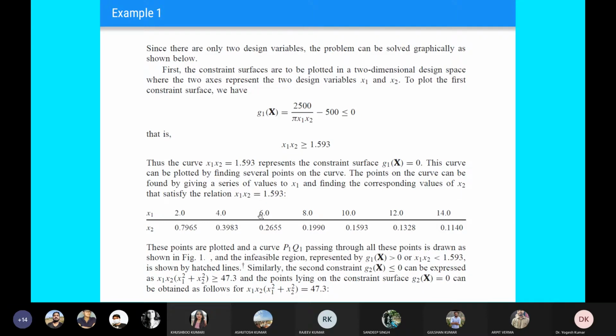So we took 2, 4, 6, 8, 10, 12, 14. Then we computed the corresponding value, which is x2 equal to 0.7965. These are the corresponding values to 2, 4, 6, 8, 10, 12, and 14. If we want to draw this on a graph paper, we can easily do it if we have a graph paper.